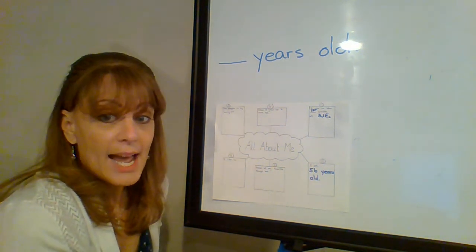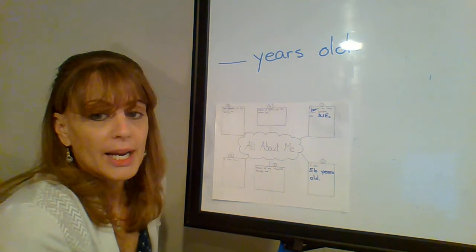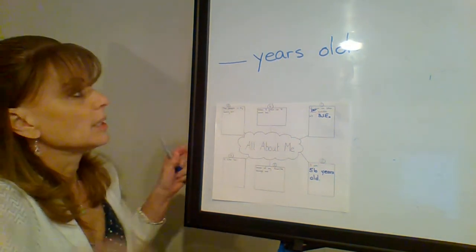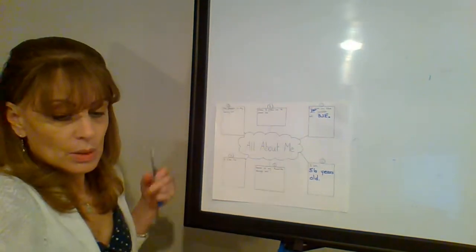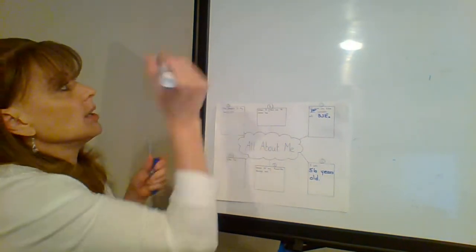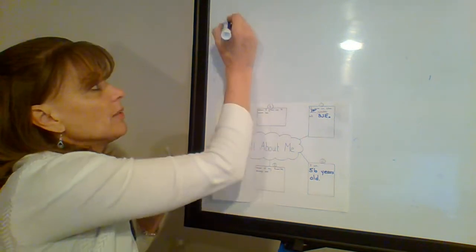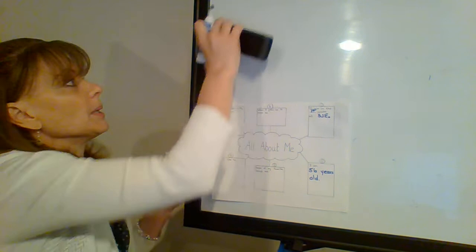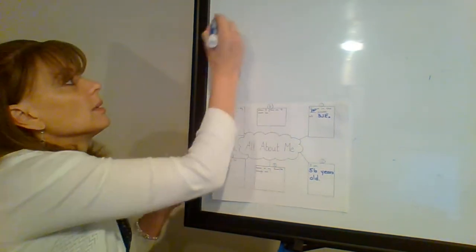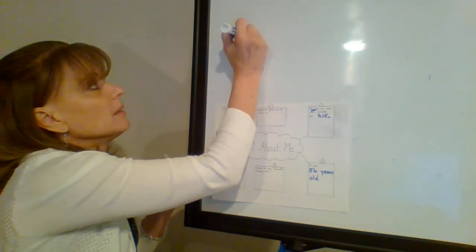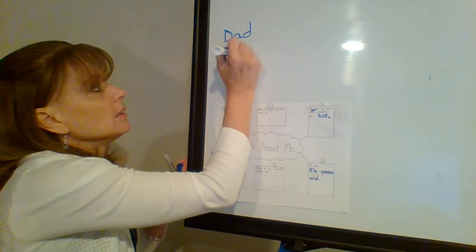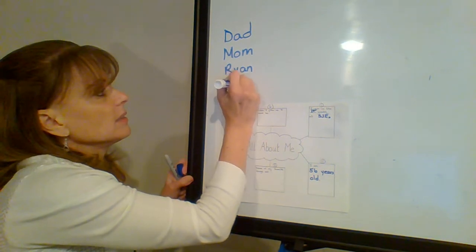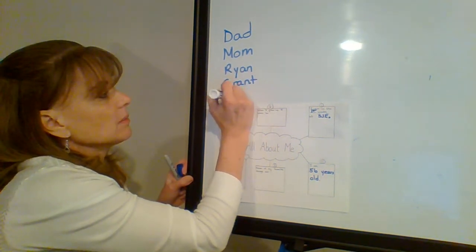Okay? Now, the next one is number 3. The people in my family are. So, who's the oldest? Mom or dad? Whoever's oldest. So, mom, well, in my family it would be dad, mom, Ryan, Grant, and Heather.